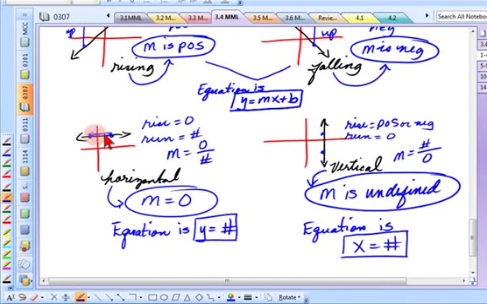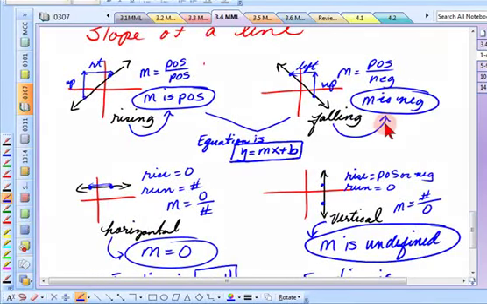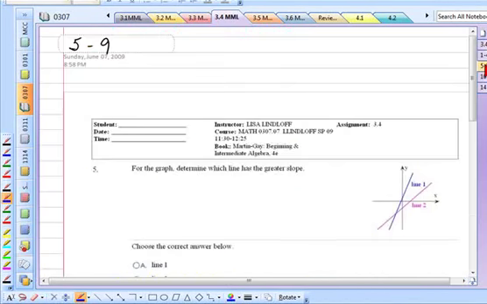A horizontal line has a 0 slope, and its equation is y equals a number. And the other cases of slanted lines, rising is positive, falling is negative, and they are both y equals mx plus b. It's a lot of facts right now. Hopefully it will get better as we use it.